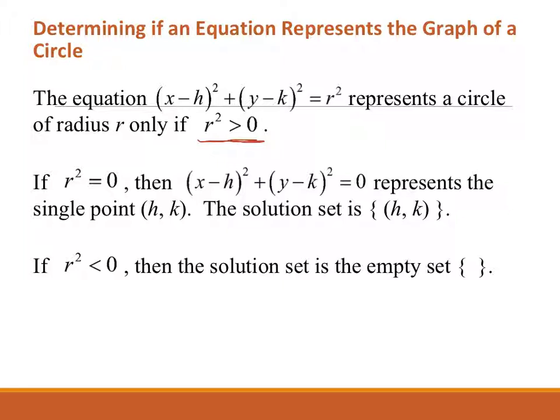If r squared equals 0, then the equation (x minus h) squared plus (y minus k) squared equals 0 represents a single point (h, k). So the solution set is just (h, k). If r squared is less than 0, then the solution set is an empty set.